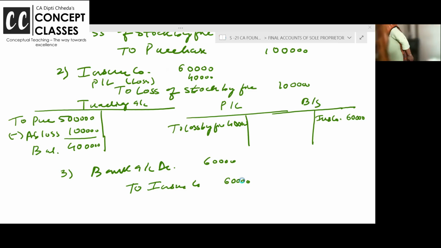Are you clear with this abnormal loss? I am making you learn all this detail; otherwise one small entry is there, you can pass. One single combined entry: bank account debit 60,000, P&L account debit 40,000, to purchases, which is lost by fire. But this is the proper way.